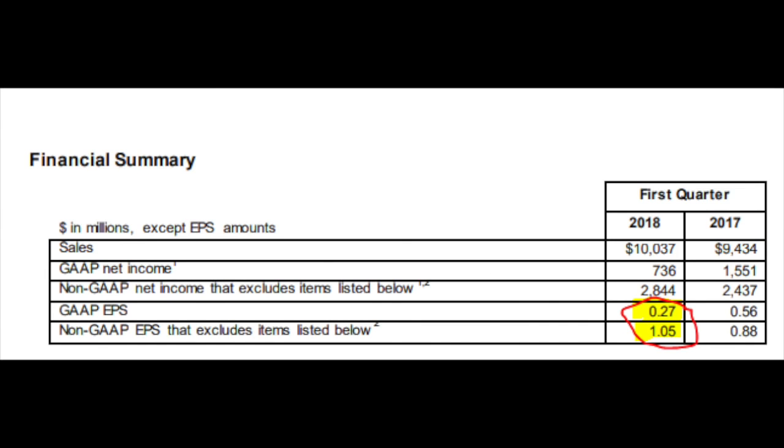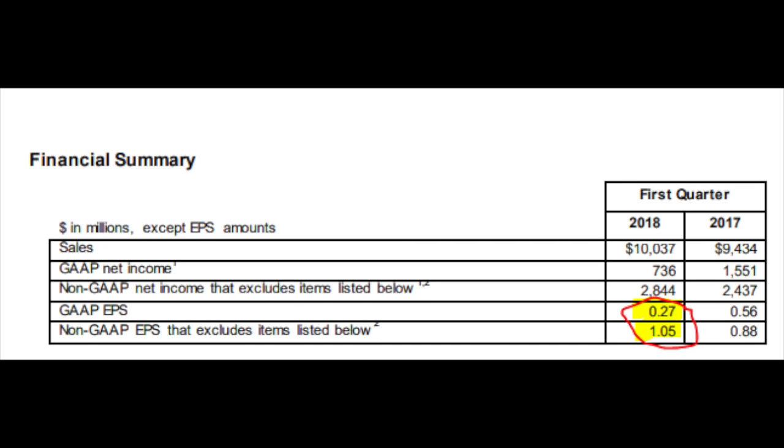This is Merck's first quarter reported earnings for 2018, and I have been using Merck's as an example of adjusted and real earnings for the past 3 years because they always have non-recurring issues to adjust and hugely distort their earnings. So the earnings per share that they reported was $1.05, the lower number here.